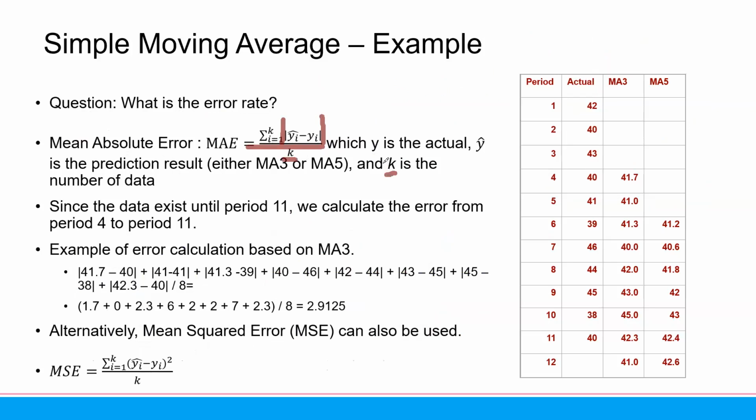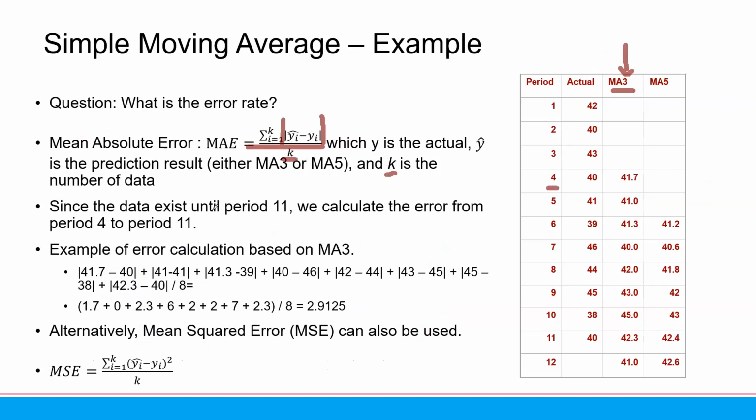So for example, I want to know the error rate of MA3. The MA3 is based on 3 periods, so the forecast starts in period 4.